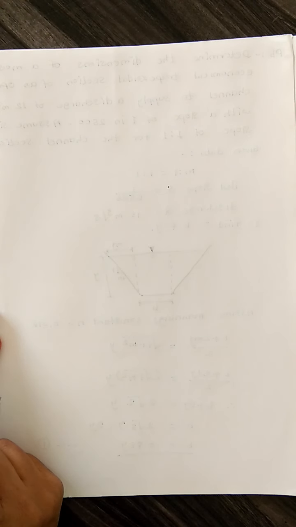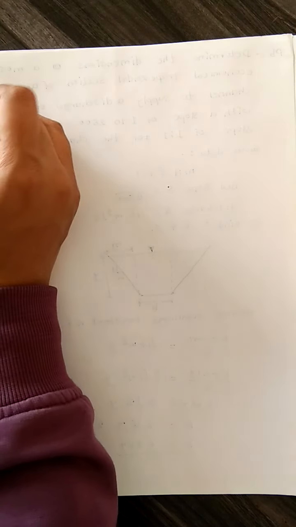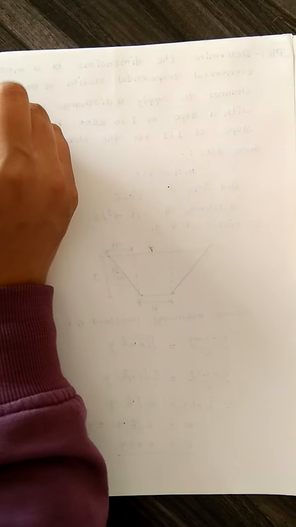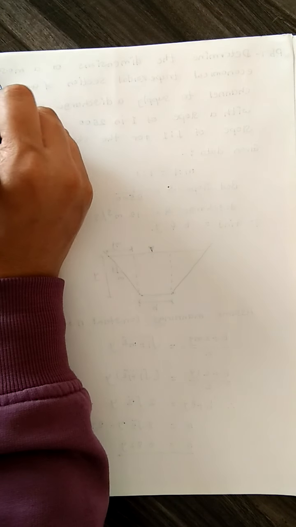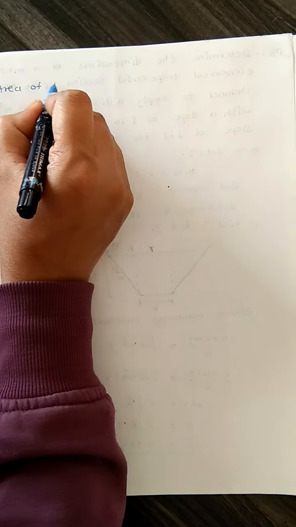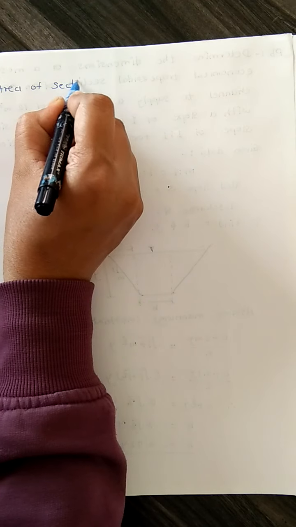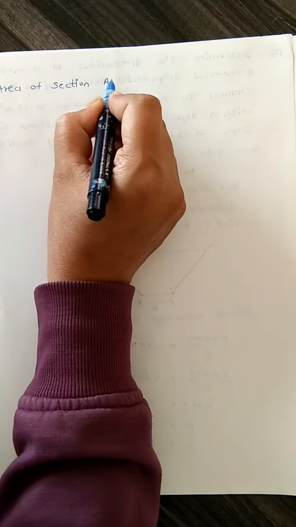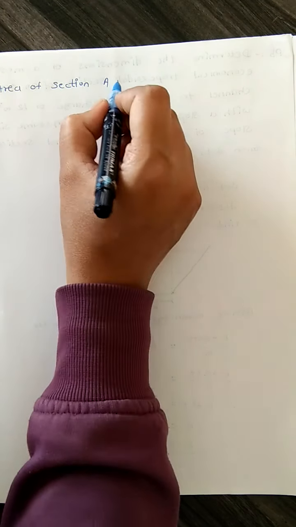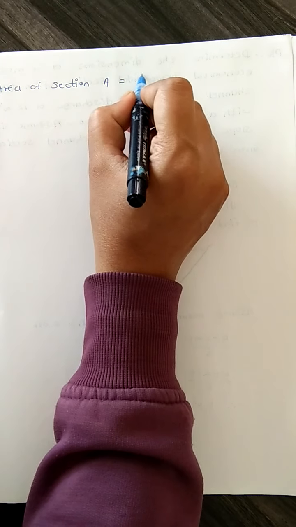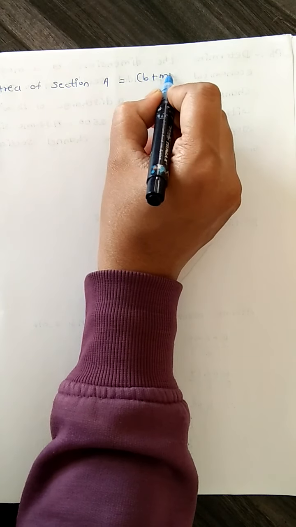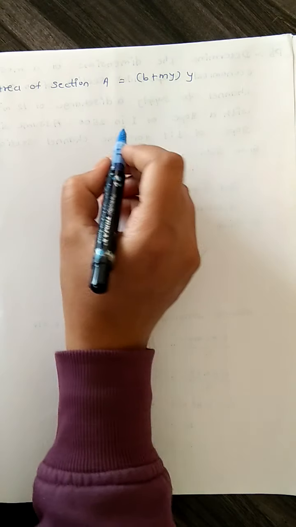After that we have to calculate the area of a section A, which is given by b plus my into y.